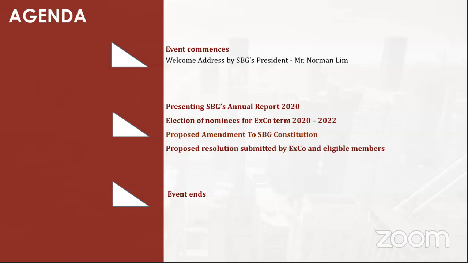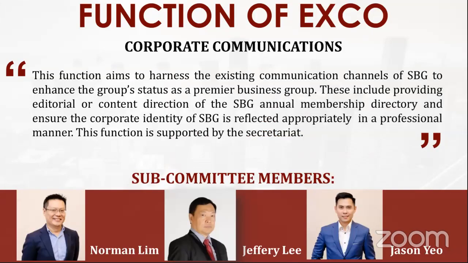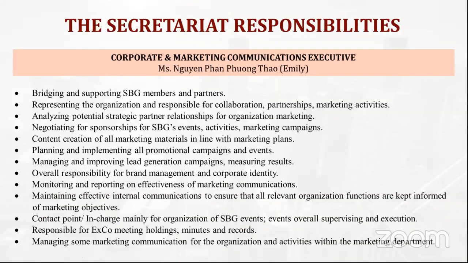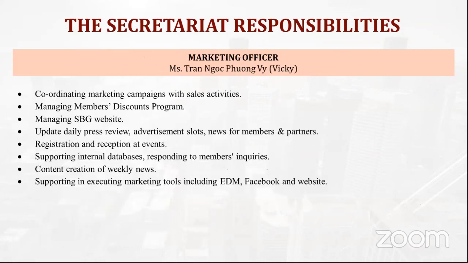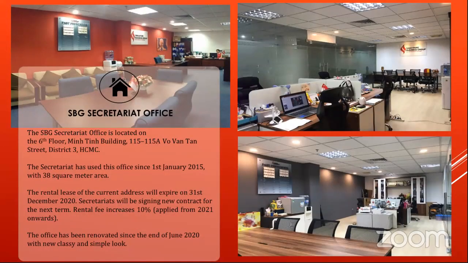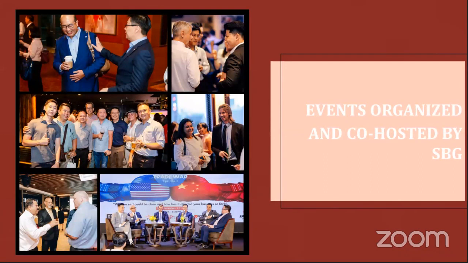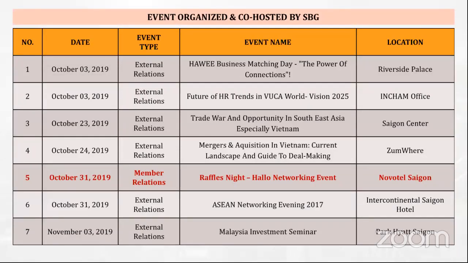Norman will be doing all of these slides about the introduction of EXCO, the function of EXCO, the secretariat team, and the secretariat responsibilities. Also, he will go through the SBG secretariat office, the new renovation this year, and then he will pass to Jeffrey. Jeffrey will then continue the annual report with the events of SBG from October 2019 to August and September of 2020.